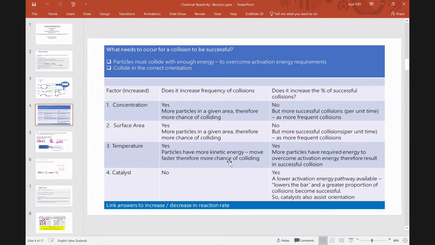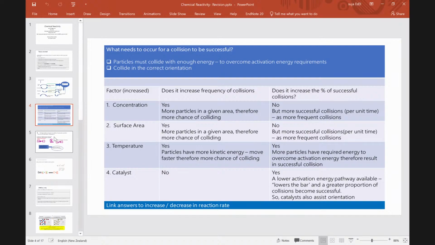So this is the chart you can follow through: have they collided in the correct orientation, and have you decreased or increased the activation energy? The catalyst talks to you about that. So it links the answers to the increase or decrease in the reaction rate. So this is one of them.